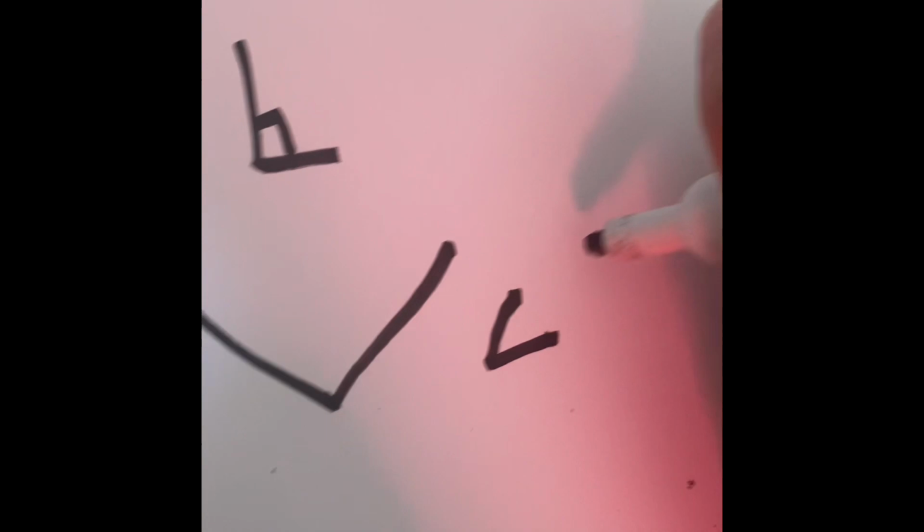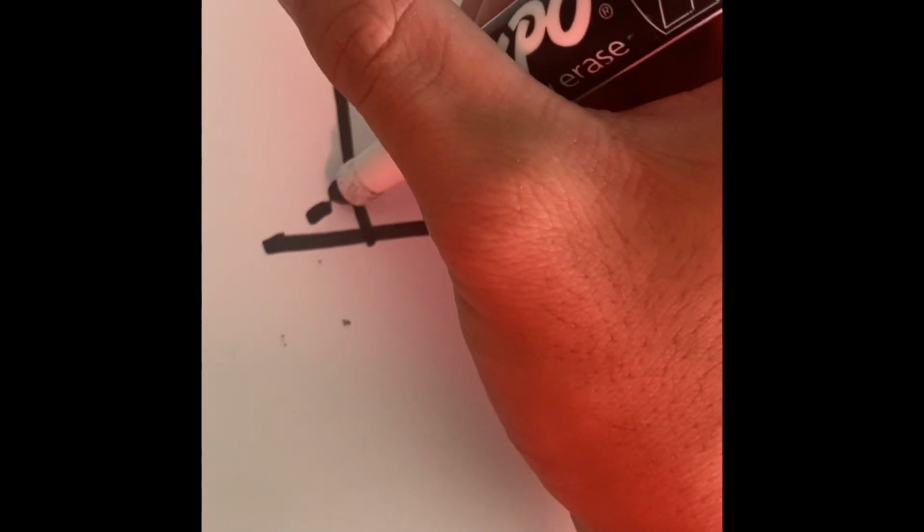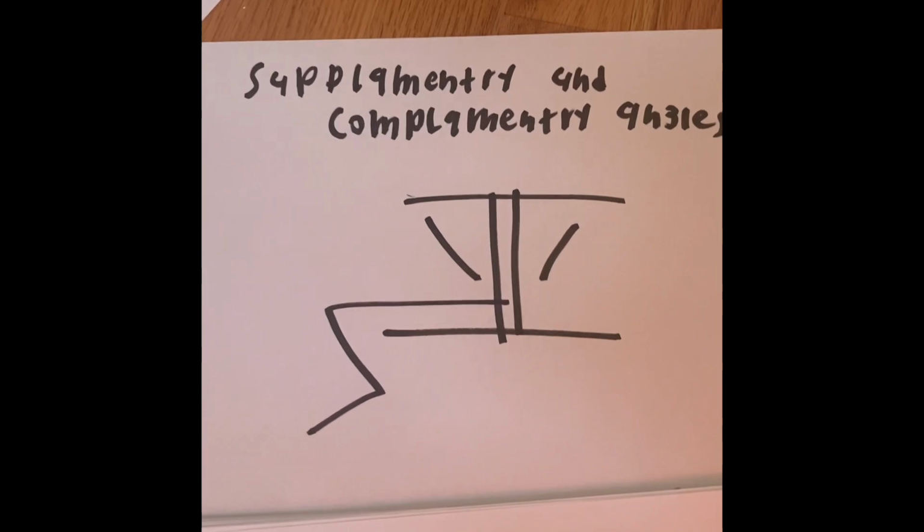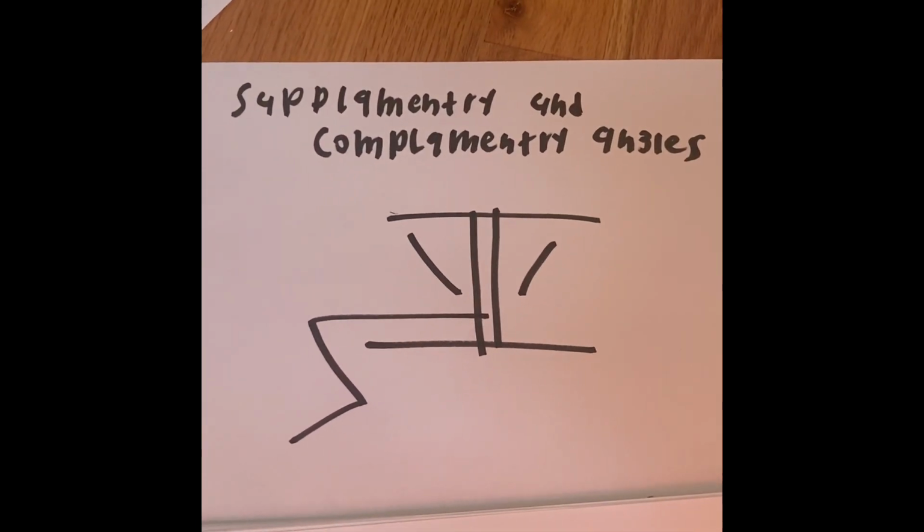In the past, we've been learning a lot about right, obtuse, and acute angles, and about perpendicular lines, 90 degrees, shapes, and proofs. What we're going to learn about now is the definition of supplementary and complementary angles.